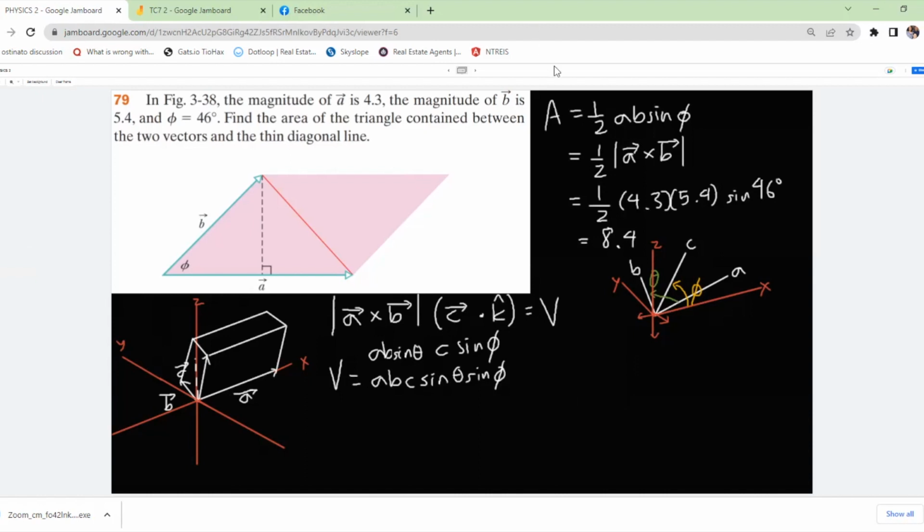Kung gusto mo yung volume, it's actually A dotted with B cross C. Sorry, A cross B dotted with C pala, I mean. Kasi A cross B gives you yung area multiplied by a unit vector. Tapos dotted with C.